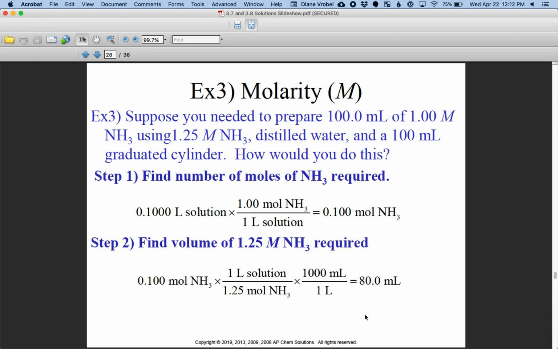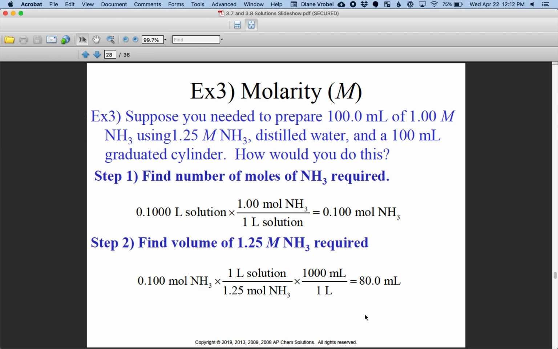Now, I'm used to M1V1 equals M2V2, so if you want to set it up that way, you can. But please remember that when you think about it, you're going to use more of the diluted solution to equal the concentrated, smaller volume solution. And these numbers should agree with each other.